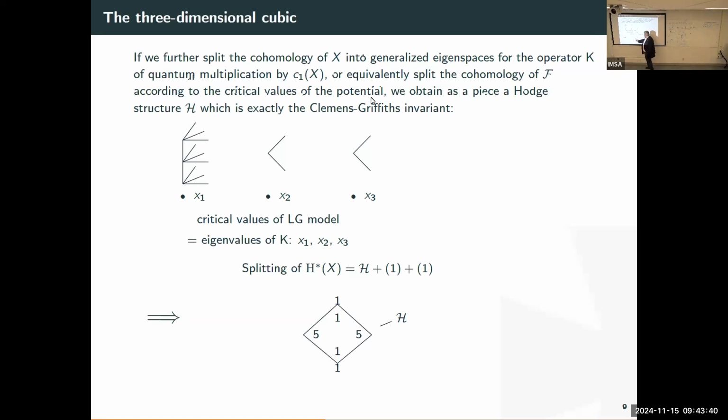One is this big one, which looks like the Hodge diamond of genus 5 curves, and then 2 1-dimensional, which correspond to this singularity.